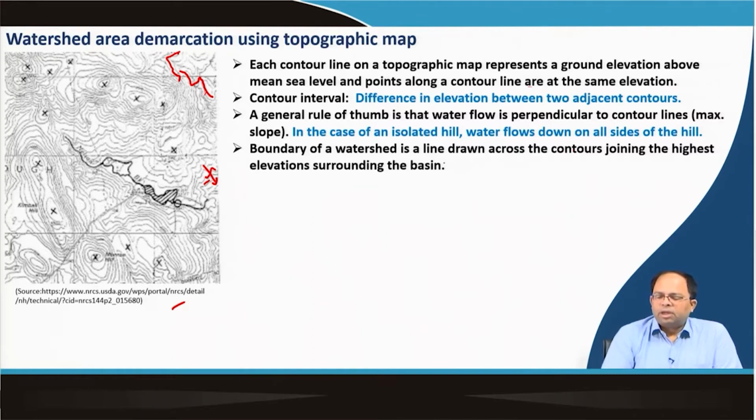And the boundary of a watershed is a line drawn across the contours joining the highest elevation surrounding the basin. So, let us see in this particular map, you can see the contour lines, and these x points are the points of highest elevation.